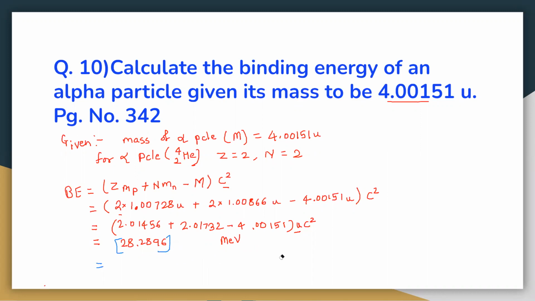So we have this answer in terms of mega electron volt. Instead of 1U, I have substituted 931.5 mega electron volt upon c square, and multiplying that bracketed term with 931.5, we are getting 28.2896, and that answer is in mega electron volt, which you can convert in terms of joule also, because mega is nothing but what?